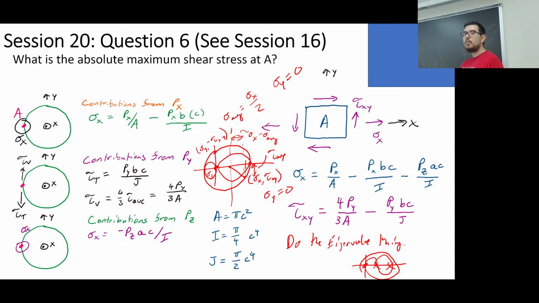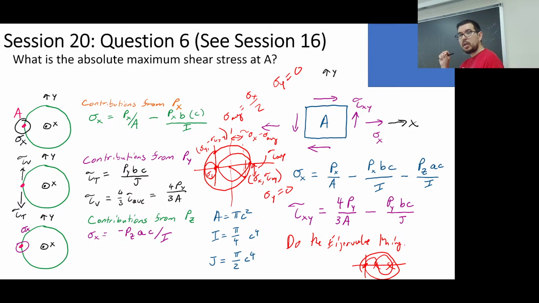Now what I've got to do is figure out what sigma 1 and sigma 2 are, and to do that, I get to draw a Mohr circle. To do that, I want to figure out where the center is, like you said, which I can figure out by taking the average of sigma x and sigma y.